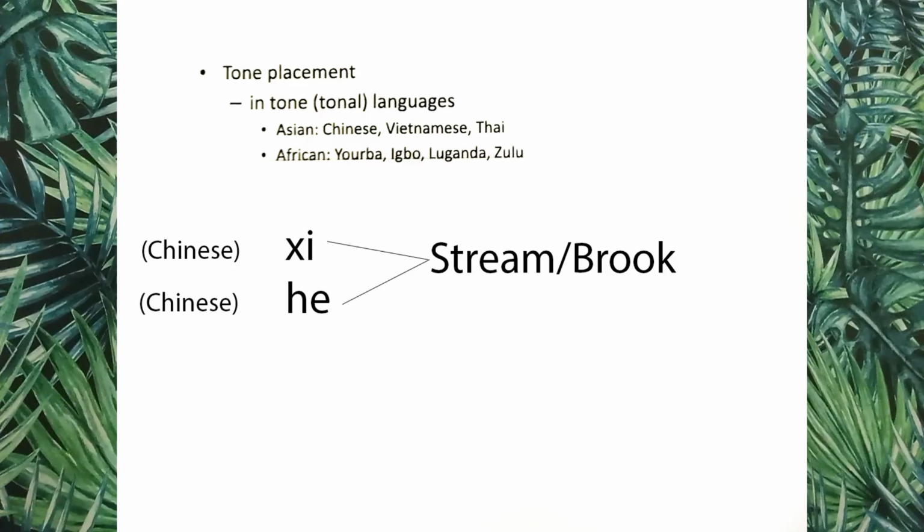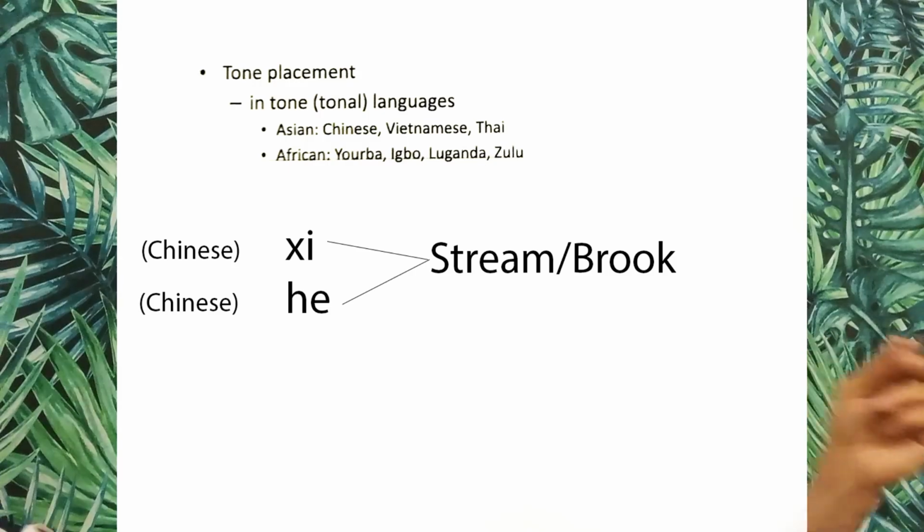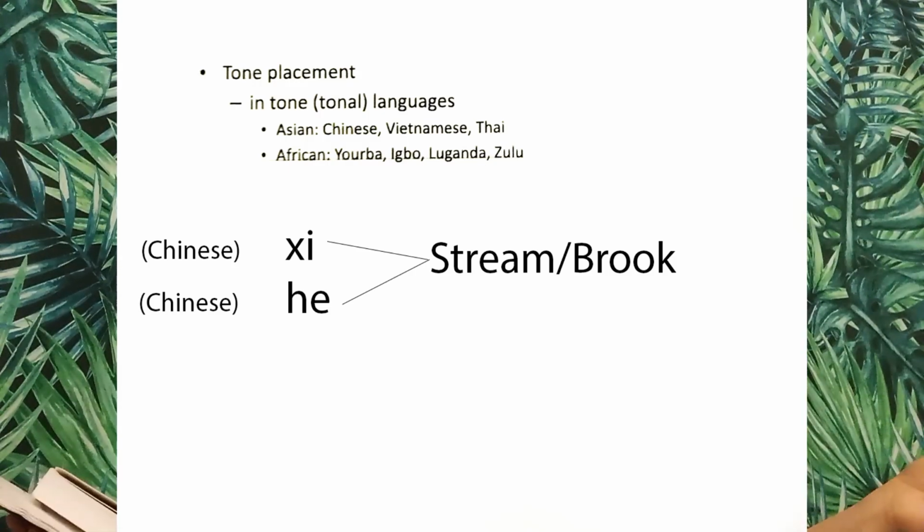Sorry, 小河. 小河 means a stream or a small river, but you change it to 小溪, right? It means the same. A small brook or a small river. So 小河 and 小溪 have different tonal sounds.